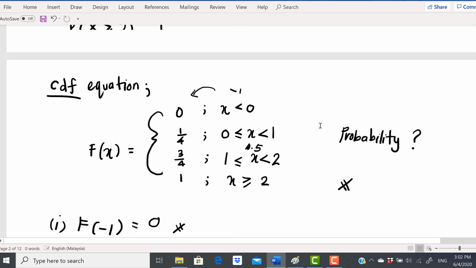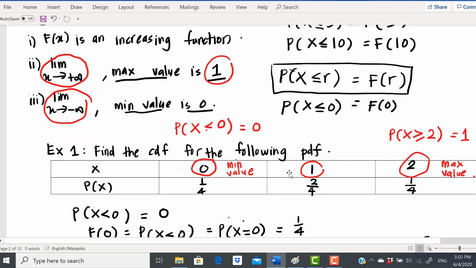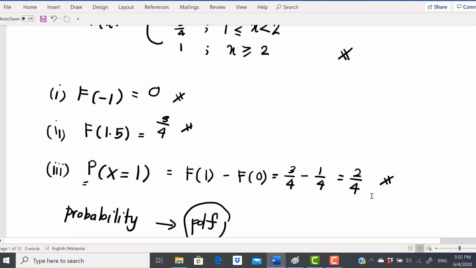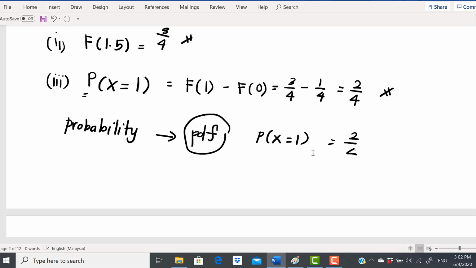We already have the PDF before, so this is our PDF. When x equals 1, what will be your probability? When x equals 1, the probability is 2/4. From the PDF table, we know that when x equals 1 it is equal to 2/4. So we can get the same answer of probability.